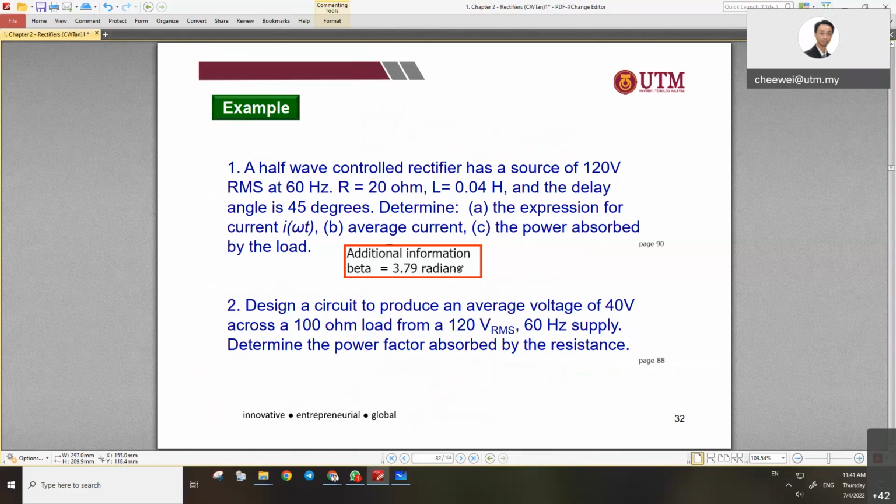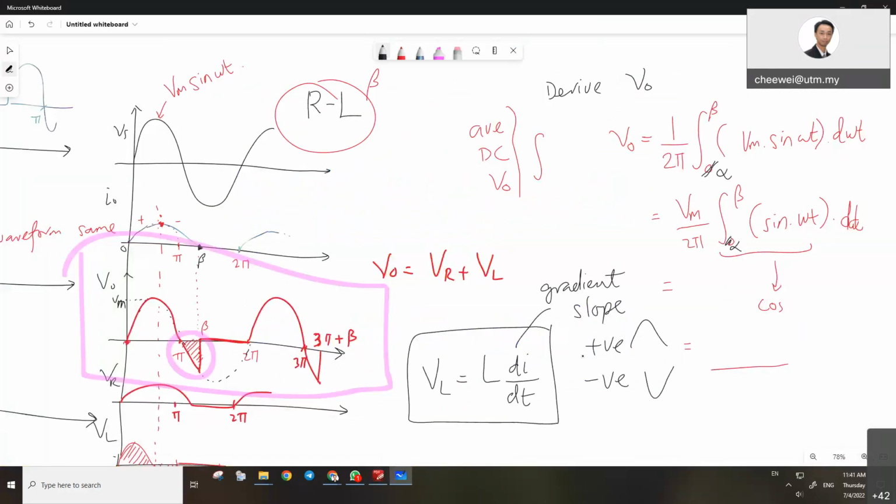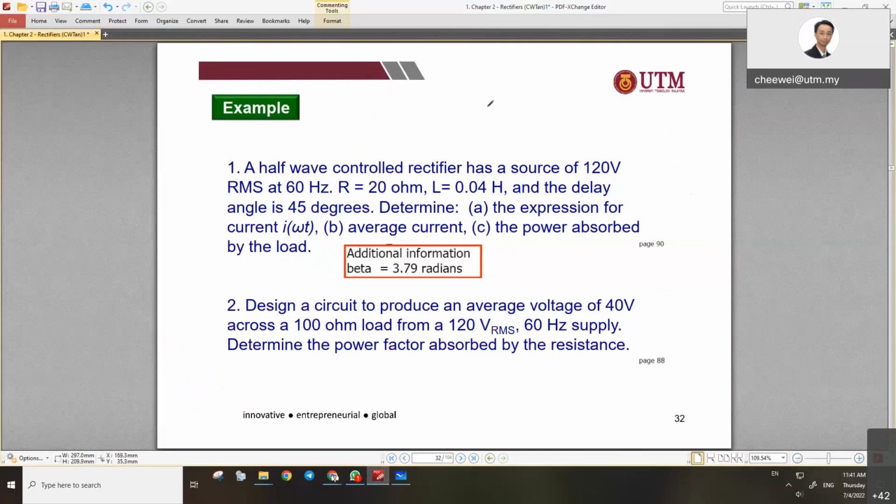So the problem comes in, just now when I do the integration, right? I have the equation, but if I have the equation with cos alpha and cos beta or sine alpha sine beta, should I put the value of the alpha in degree or radian?